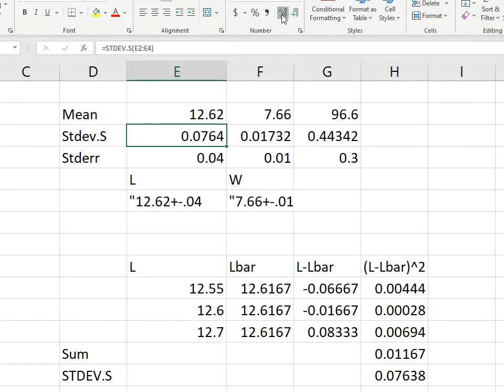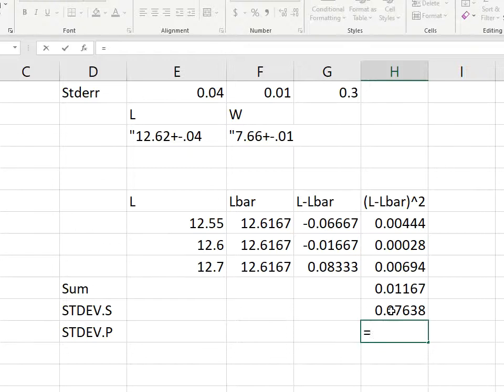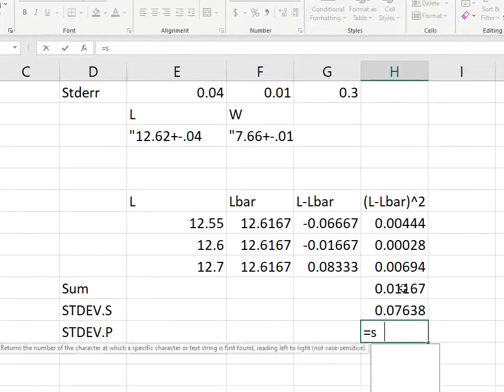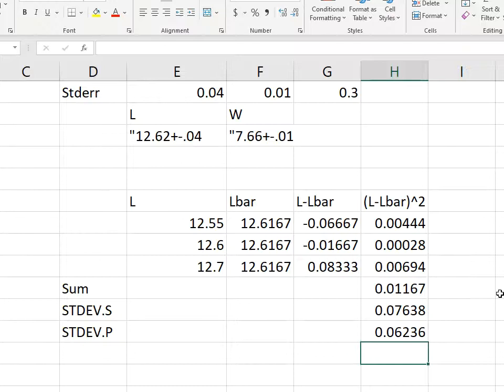Let's add a few. 0.07638, 0.07638, so it came out to be the same. If we wanted the standard deviation p, it would be equal to the square root of this quantity divided by 3, which instead of using the 2 on the bottom, we use a 3.